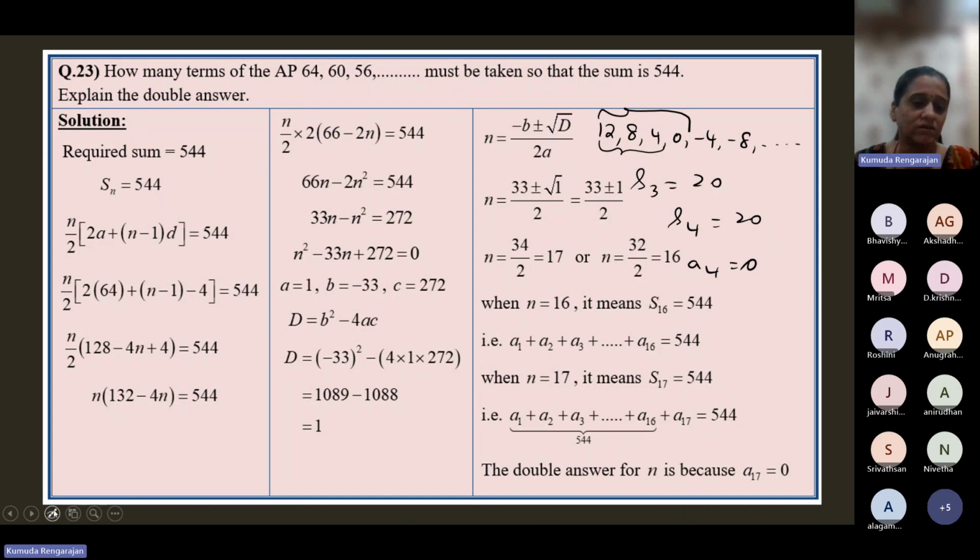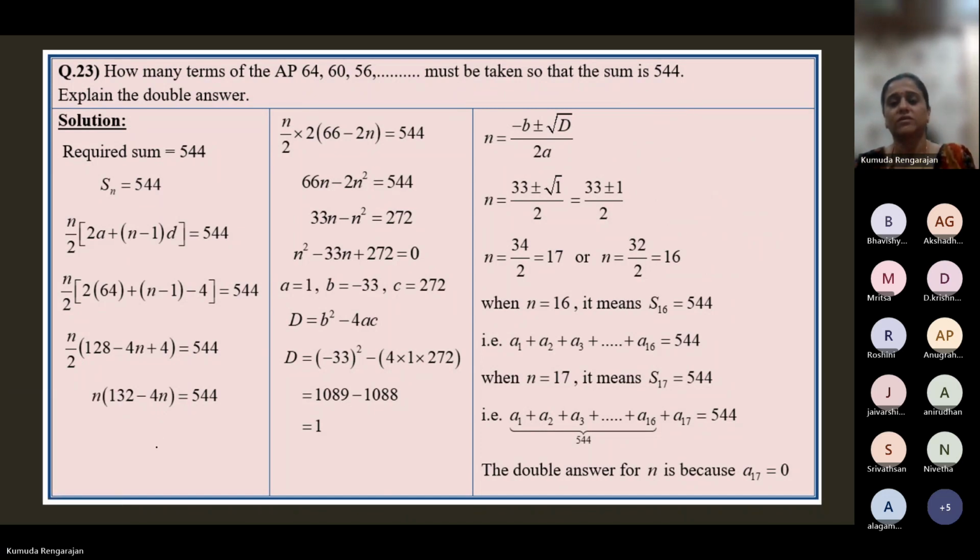In the same way here, n is 16 and 17, and you can see that they are consecutive numbers. So whenever you have two consecutive values of n like 16, 17, where you have to accept both, the reason for the double answer is that the term at the greater of the two numbers is 0.